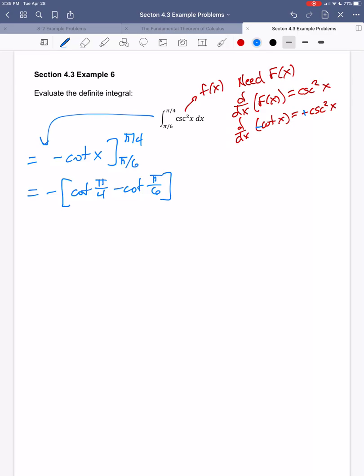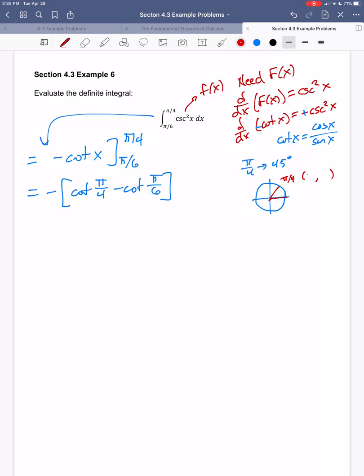Okay, so first of all, cotangent x is equal to cosine of x over sine of x. So pi over 4 is like a 45-degree angle. So we would have our unit circle. A 45-degree angle is going to look like that. And this point has to have an x-coordinate and a y-coordinate.